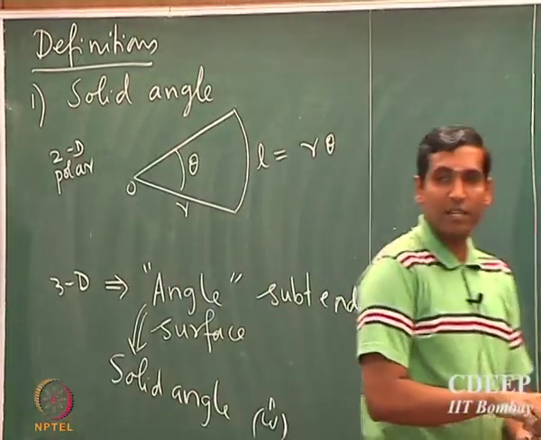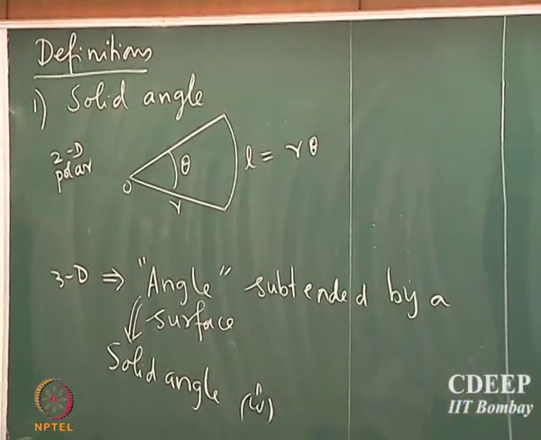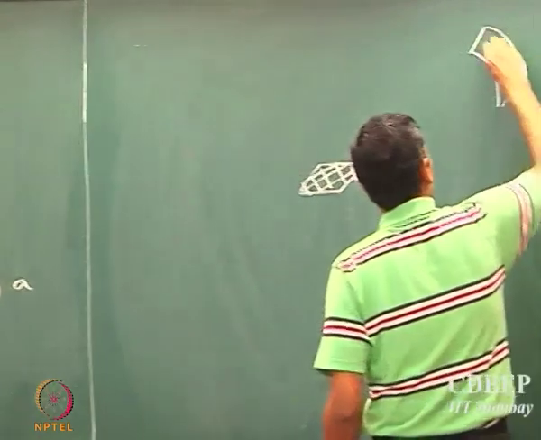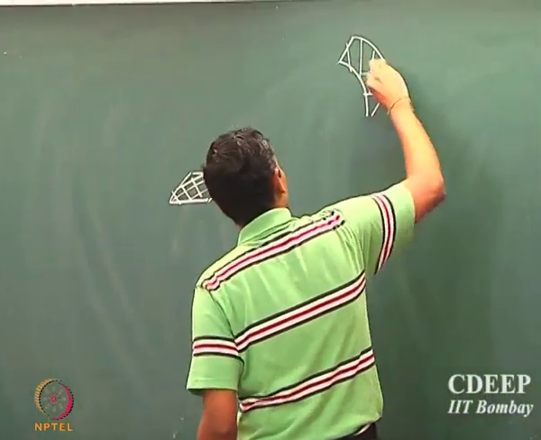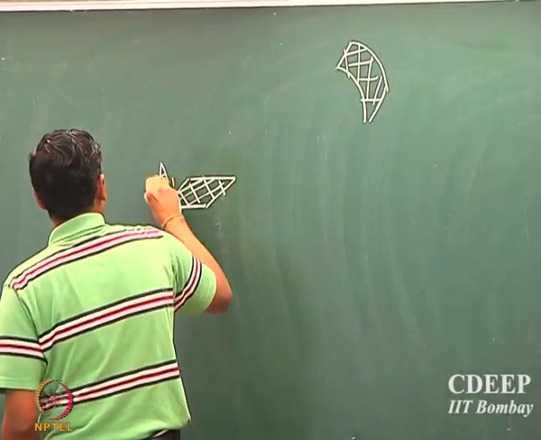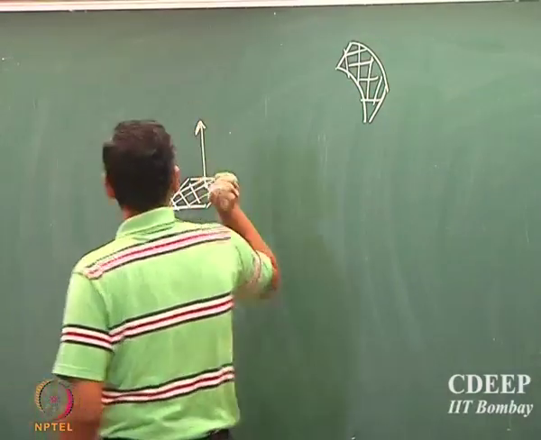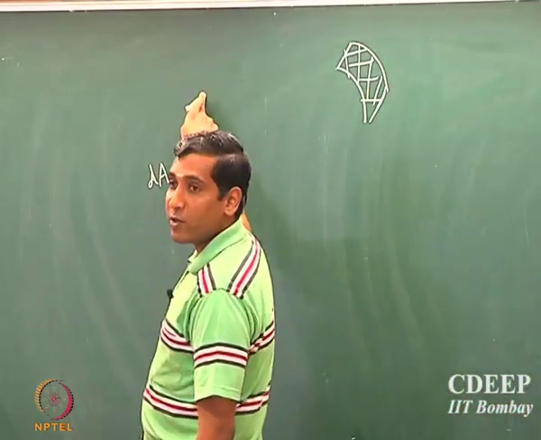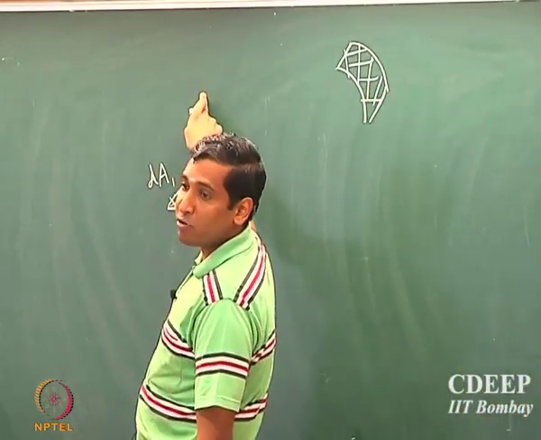So, supposing there is an object here, and you have a surface. Let us say dA1 is the surface area of that object, and the vector points in the normal direction to that surface.